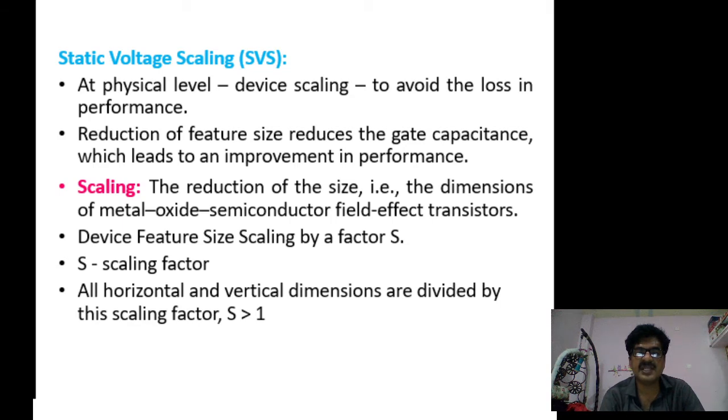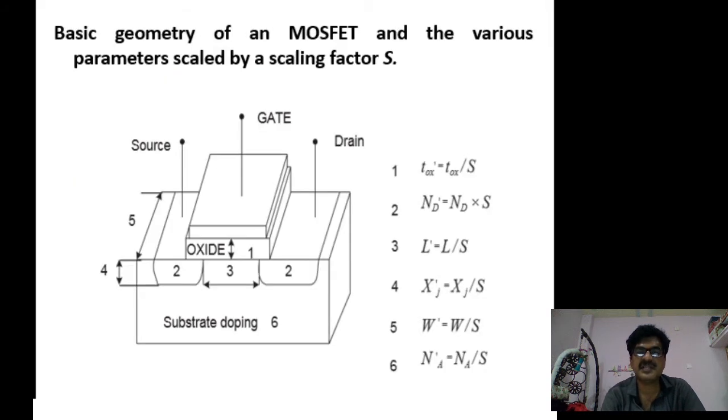Device scaling means reducing the size of the device, that is, changing the different dimensions of the MOS transistor by a factor of S. Here the scaling factor is S. The different dimensions in the transistor are channel length, channel width, thickness of the oxide layer, junction depths, and also the concentrations you need to take into account.